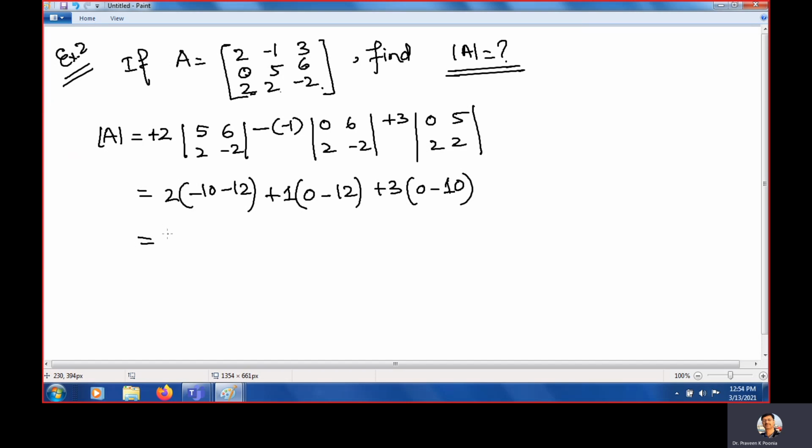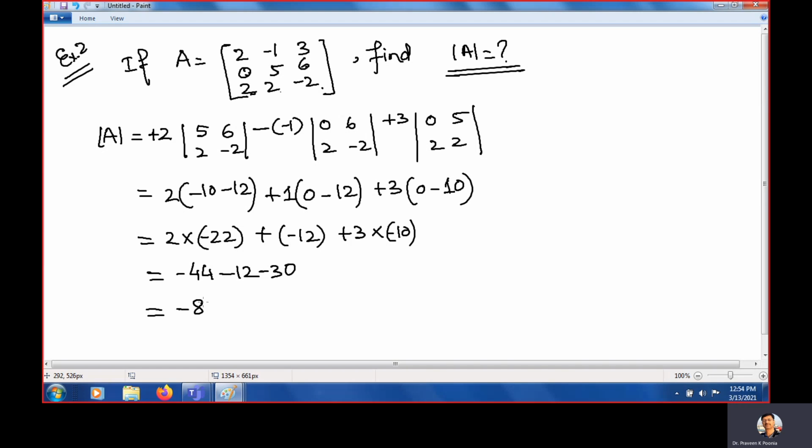So you can think here 2 into minus 10 minus 12 is minus 22, plus 1 into minus 12 is minus 12, and plus 3 into minus 10. So it is minus 44, it is minus 12, it is minus 30. So you can take 56 minus, so 86. This is the value of determinant of A.